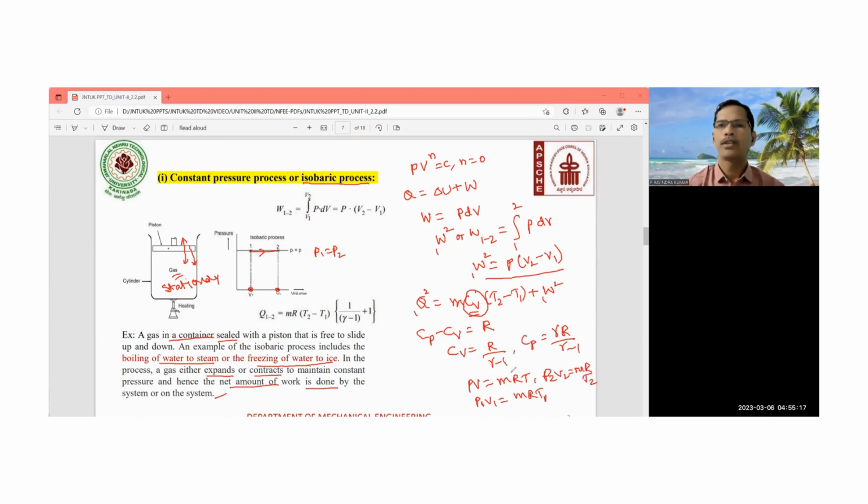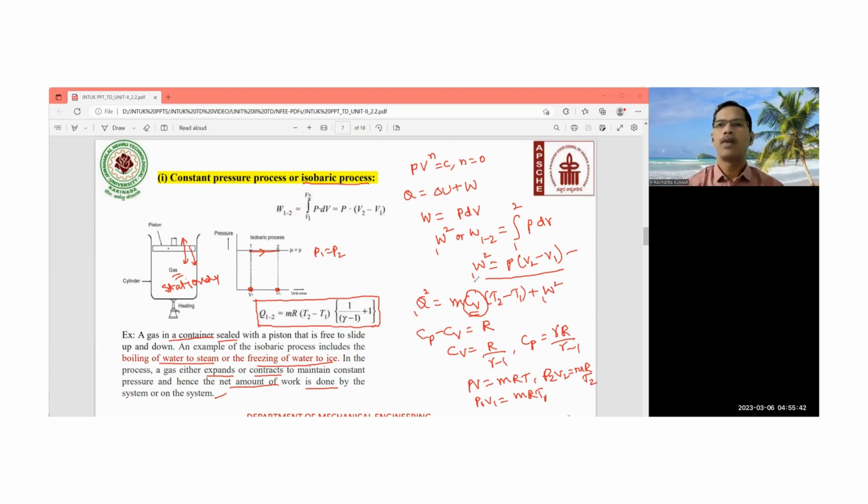So when you apply these basics into this equation, you get the expression Q1-2 equal to mR(T2 minus T1) into [1 by (gamma minus 1) plus 1]. So this is the heat transfer relation for an isobaric process.